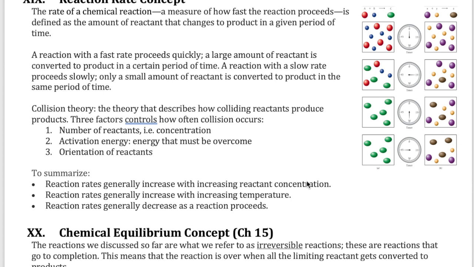Think about if you have a bar at the height of your knee, and you're trying to jump over that before you have lunch and after you have lunch. You're going to have a lot more energy after you have lunch. So that's really what temperature is doing, giving the molecules more energy or less energy, depending on whether the temperature is high or low. And those are the two factors that would govern how fast these reactions go.